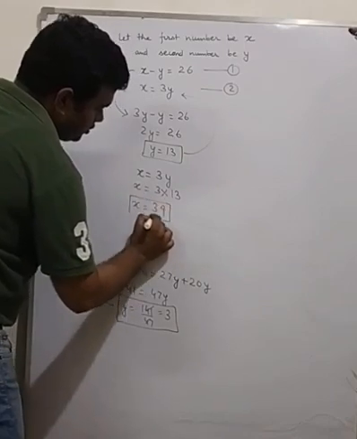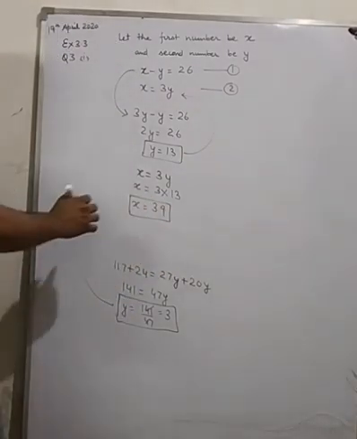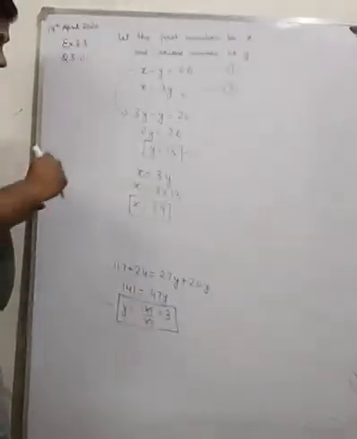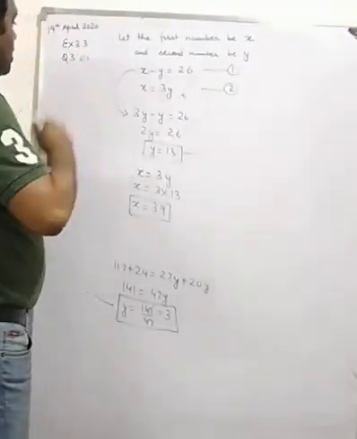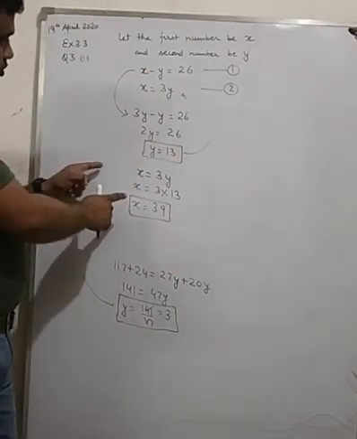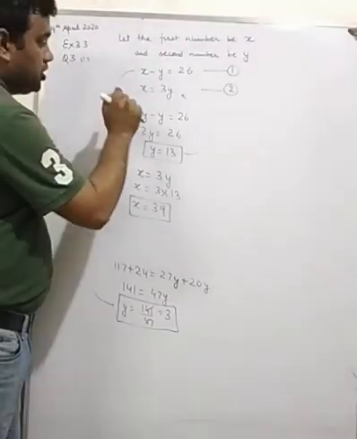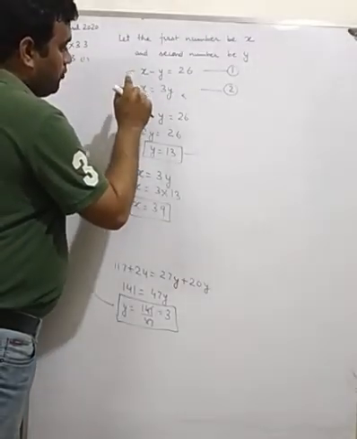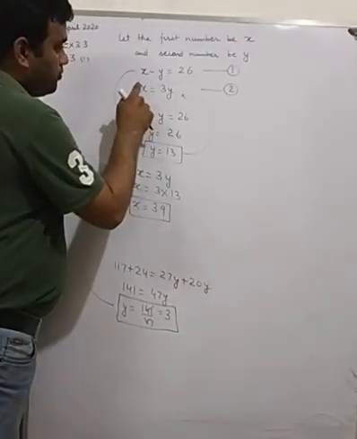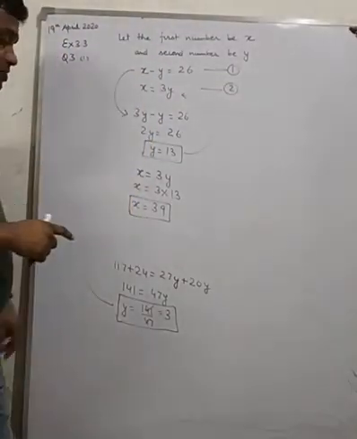So the two numbers will be 39 and 13. Now this question was also solved using the substitution method. We are substituting the value of one variable into another equation to find the value of the other variable.